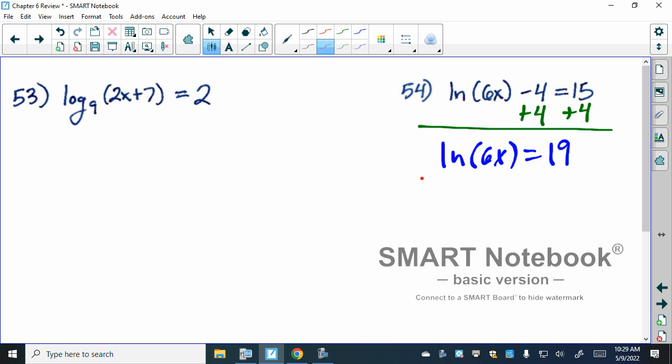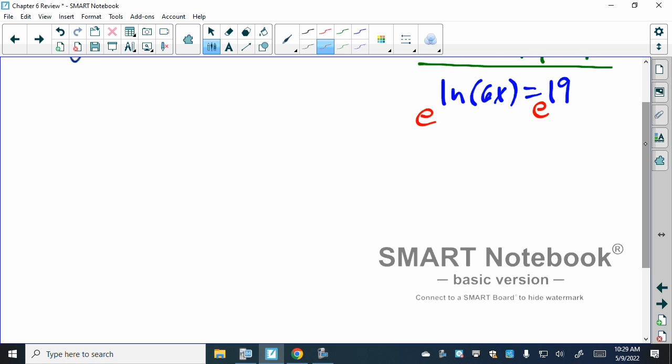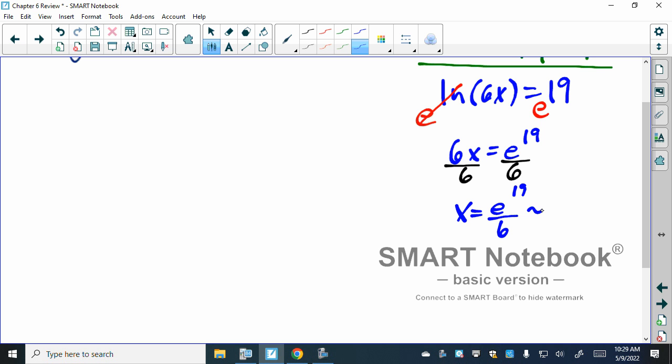Now that the natural log is by itself, we would apply e to both sides. This e and ln will cancel, telling us that 6x is equal to e to the 19. And last but not least, we would divide by 6, telling us x is equal to e to the 19th divided by 6, which is still going to be a massive number.